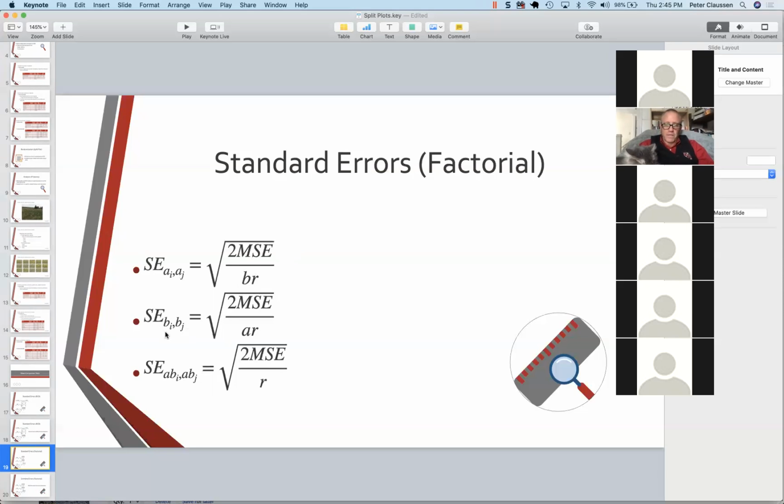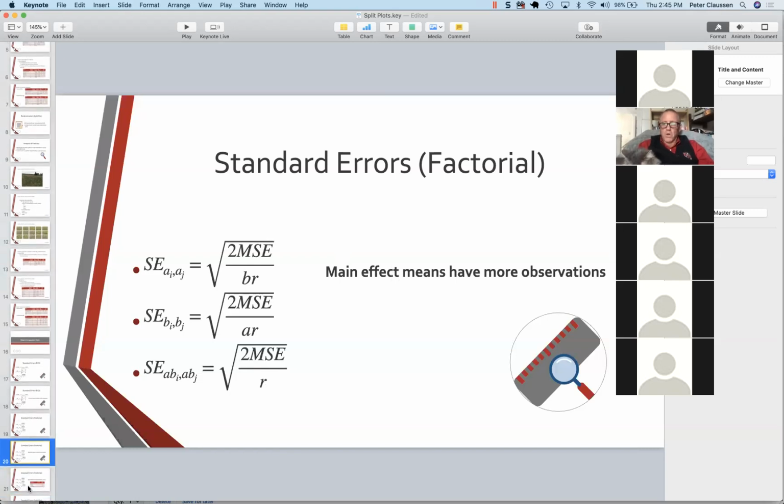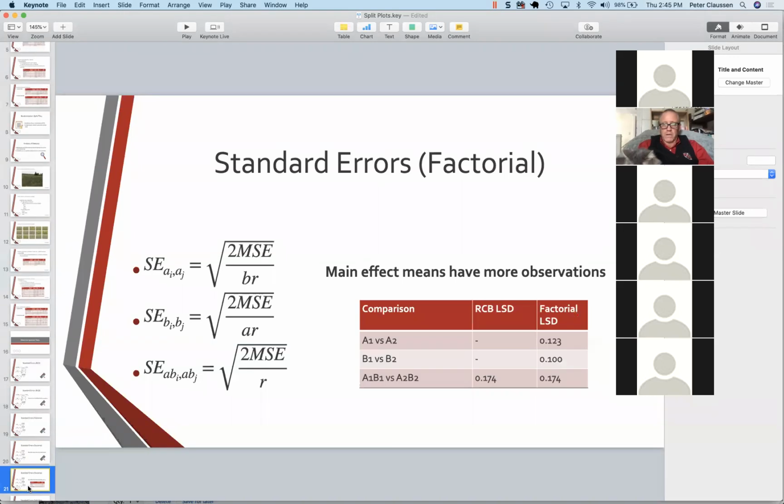Similarly with the B effects, we divide our residual error accounting for the number of A factors. And then when we get to the interaction level, we only have the single replicate term. So the main effects have more observations, and so we can have a smaller error when we make the main effect comparisons.